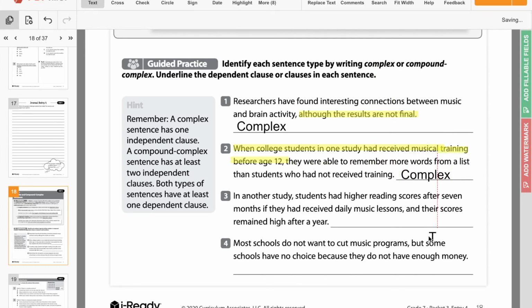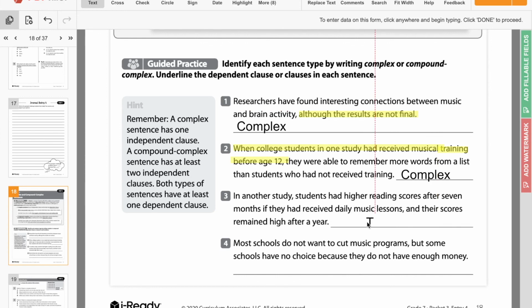In another study, students had higher reading scores after 7 months if they had received daily music lessons, and their scores remained high after a year. If I said, in another study, students had higher reading scores after 7 months, does that make sense on its own? Yes.